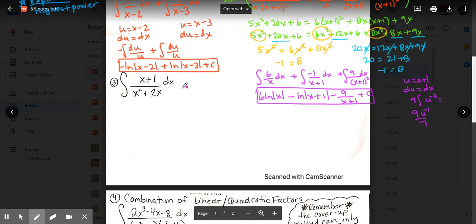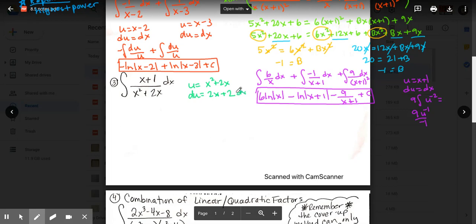All right, now with number 3 here. So remember, I don't want to be doing partial fractions unless I absolutely have to. Okay, so with number 9 here, does u and du work? What would I make u? The bottom. The derivative would be 2x plus 2 dx.